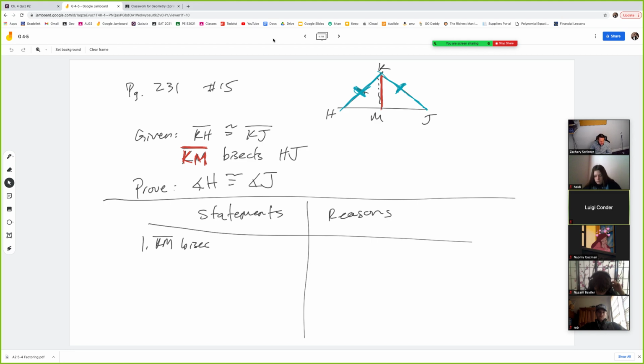Next, HM is congruent to JM. And how can you say HM is congruent to JM? That would simply be the definition of a segment bisector.